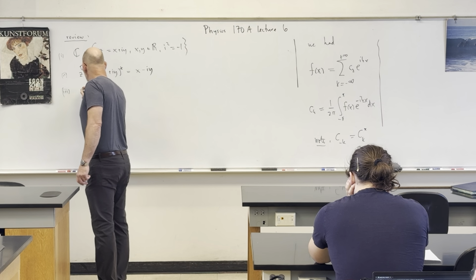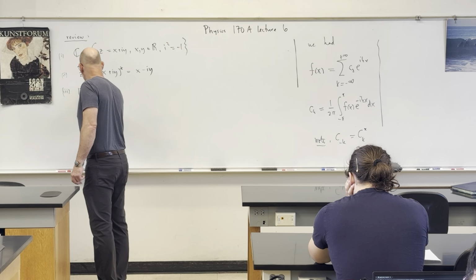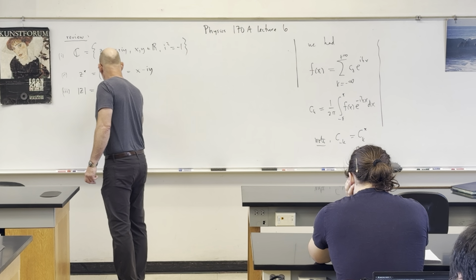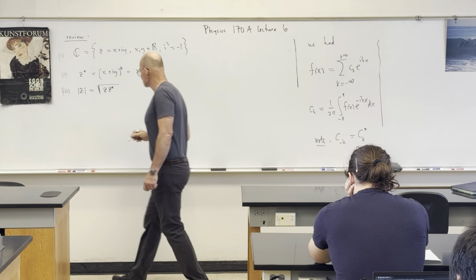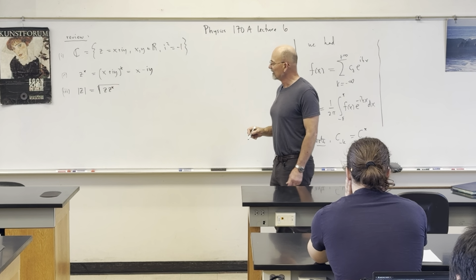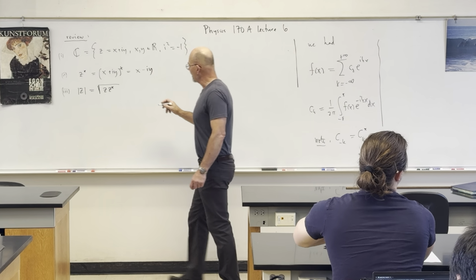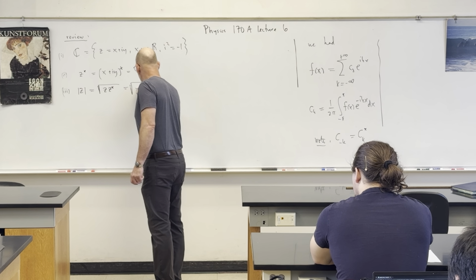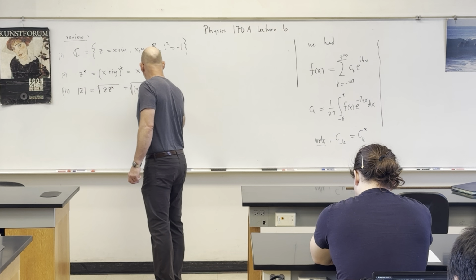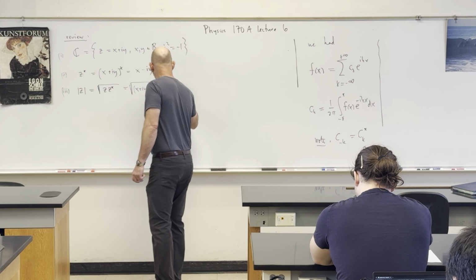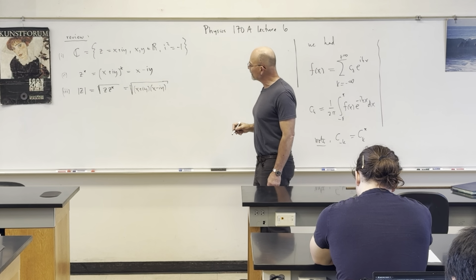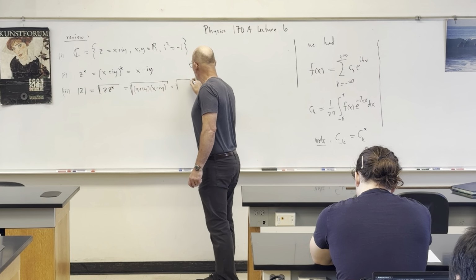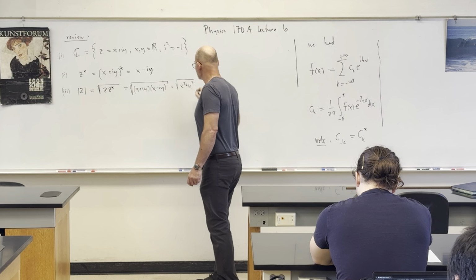The other thing we need is the magnitude of a complex number, and that is the square root of z z star. If we ask what is z times z star, we've got x plus iy times x minus iy, and when we multiply that out, the cross terms cancel, and we end up with the square root of x squared plus y squared.